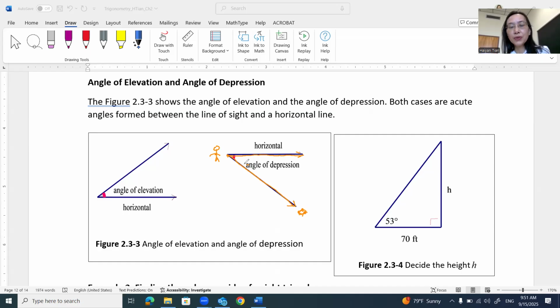So this acute angle is called angle of depression. So either angle of elevation or angle of depression, they're acute angles formed.